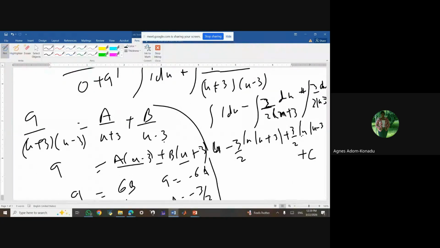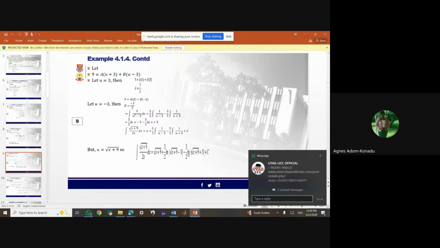Is that okay? Yes. Okay, so I have the square root of x plus 9, then 3 over 2 ln of the square root of x plus 9 minus 3, minus 3 over 2 ln of u plus 3, plus C. So that's what we were supposed to get.